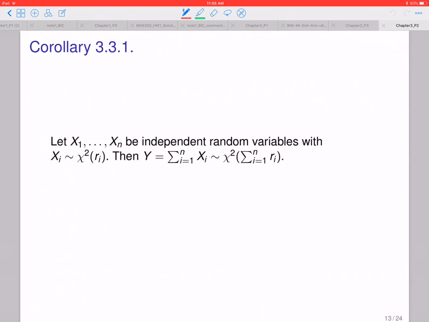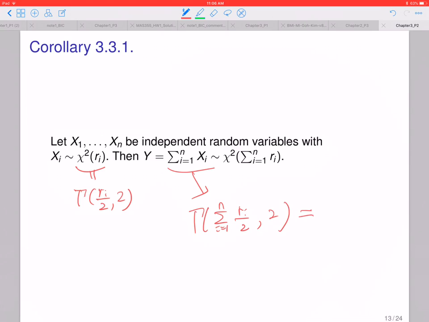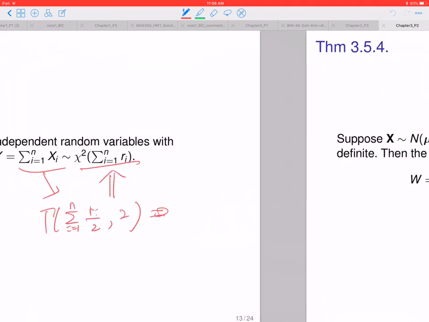So this is a special case, because this is gamma(ri/2, 2). The summation of these should be gamma of the summation of ri/2, which is chi-square distribution. We already proved this additivity for the gamma distribution, so chi-square is just a special case.